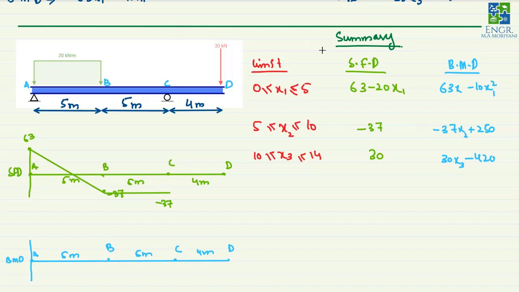So this should be here, positive 30. And these vertical discontinuities are to be connected. So this is our shear force diagram for this loading case.